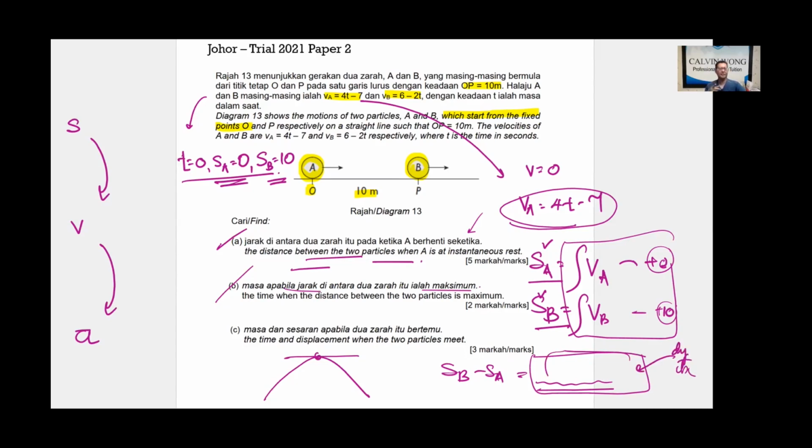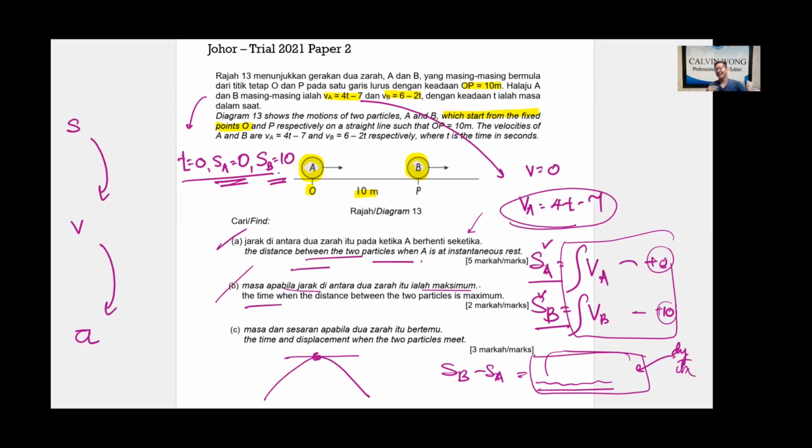Then you will get the answer. Someone is lost? Anyone? Again, you need to have a certain level of knowledge, then only you can understand this one. Then you will find the time when they have the maximum.